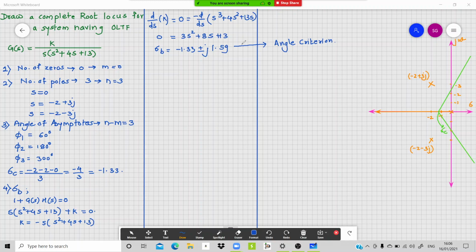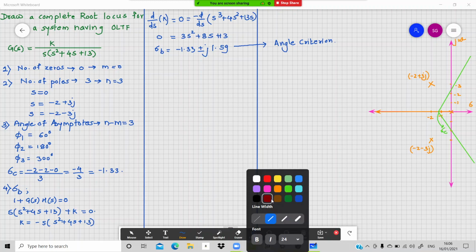If you are getting it, the poles are lying on the root locus, and if you are not getting it, that means this point is not lying on the root locus. So what I'll do at the end, we'll go to the software which I had shown you previously, and we'll try to see what root locus we are getting over there. Okay, but let me finish with the drawing part first.